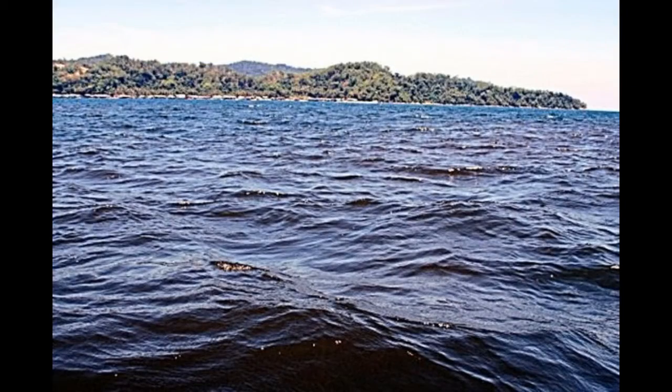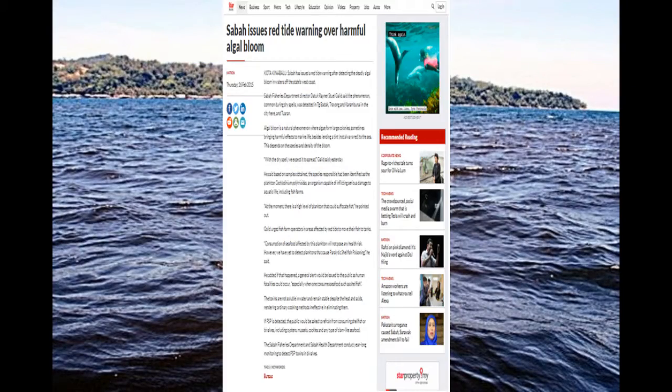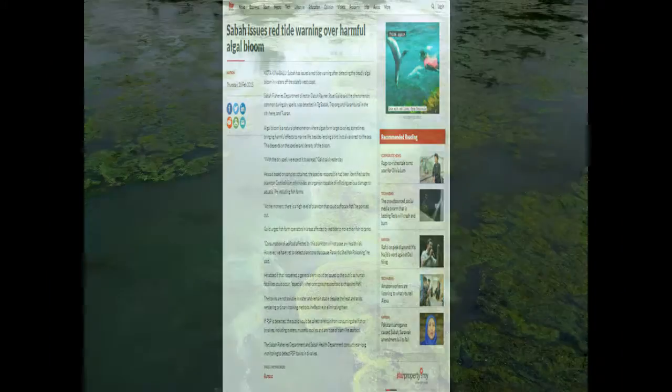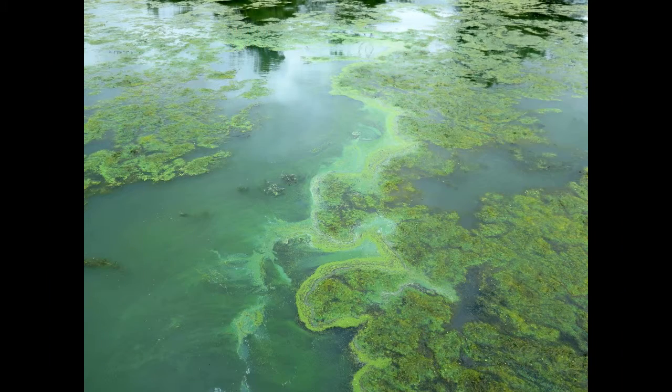In 2013, the worst case of HAB happened in Sepangga and Inanam, Sabah, where shellfish poisoning caused by HAB led to the death of 3 people and over 40 people fell ill. HABs have high impacts on human health, aquatic ecosystem, and the economy in the country.